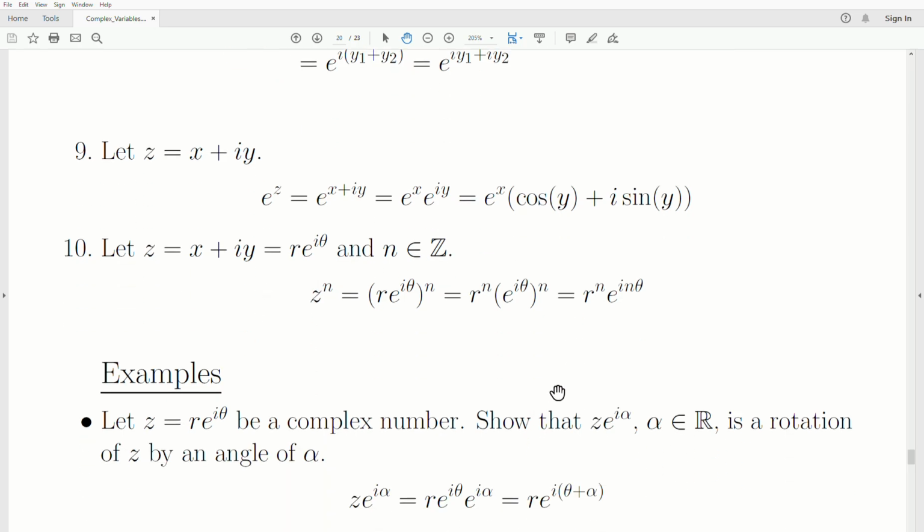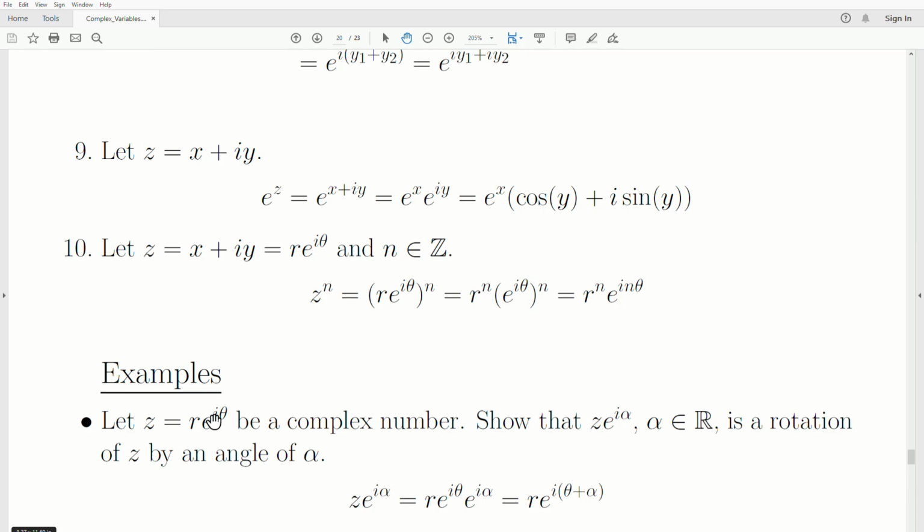Now let's go through some examples. Let z be a complex number. Show that z times e to the i alpha, where alpha is a real number, is literally a rotation of z by angle alpha. This complex number can be thought of as a vector originating at 0, 0 and going out to this complex number, and it creates an angle with the real axis.